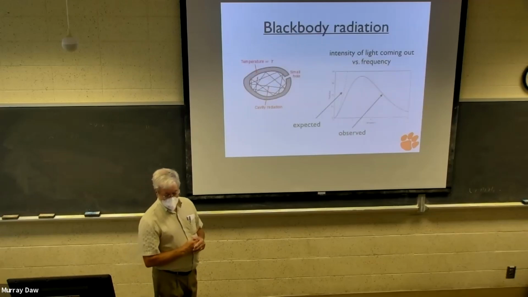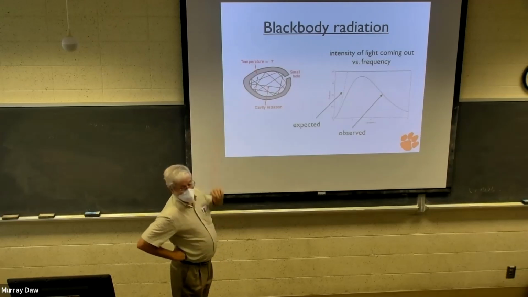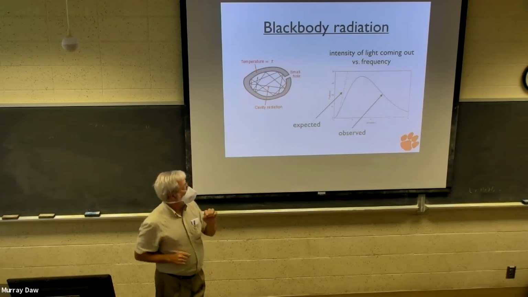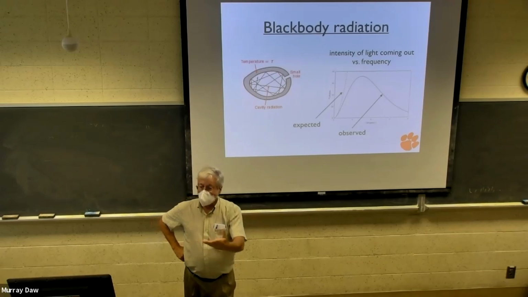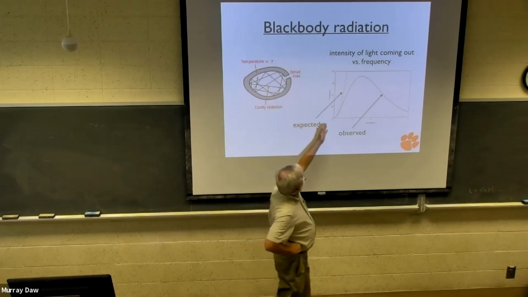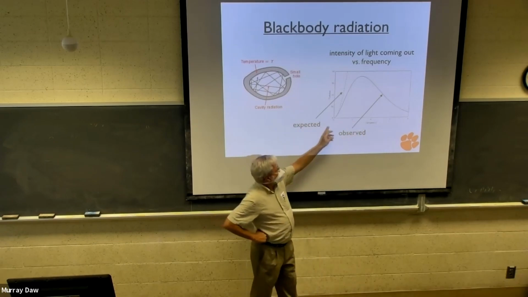Black body radiation: take a heated piece of metal, make a little hole, look at the light coming out. The prediction based on just classical Maxwell's equations would say, and then we're going to analyze the light coming out in terms of its color, the frequency of the light here.